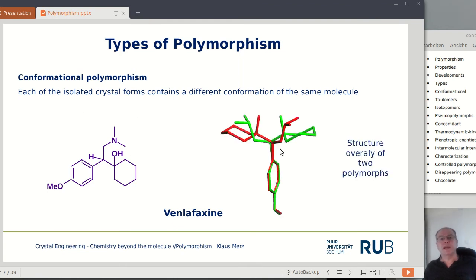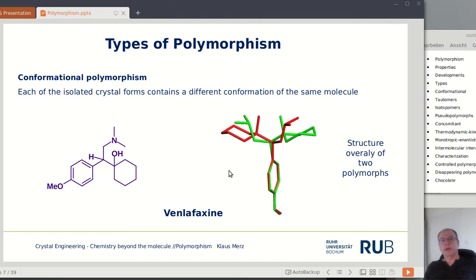This is an overlay of two polymorphs of venlafaxine. The green one is one polymorph, and the red one is the second polymorph. And you see very nicely the differences in the conformation here around the central asymmetric, chiral atom. A typical example for conformational polymorphs.